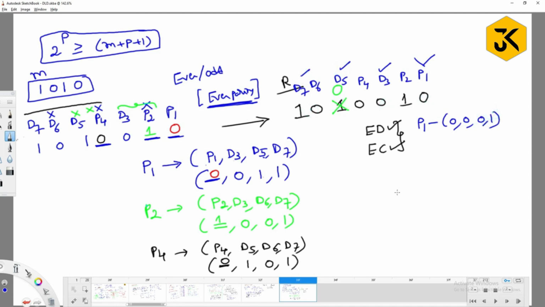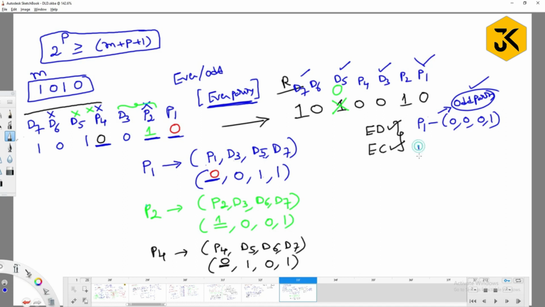With this example, P1 should contain even parity, but I got odd parity. So I can say that an error is detected.